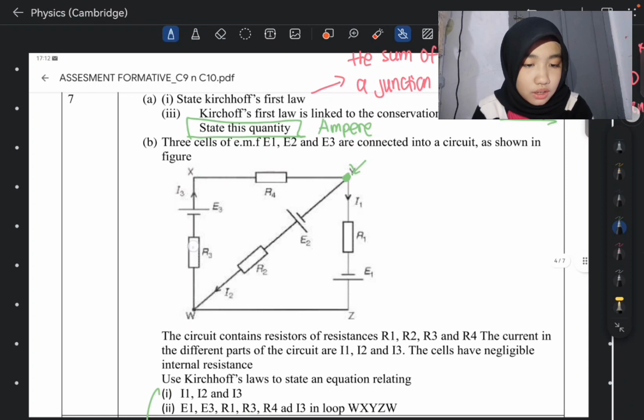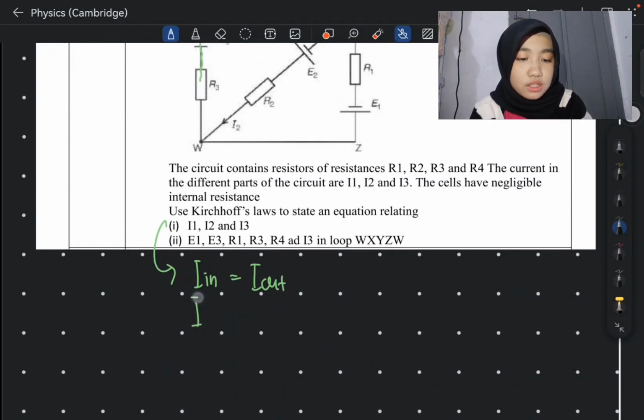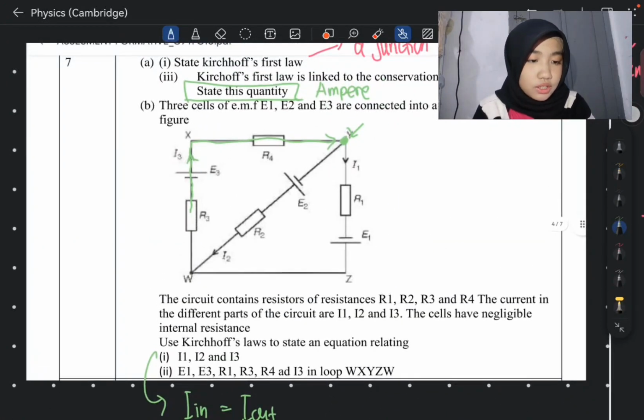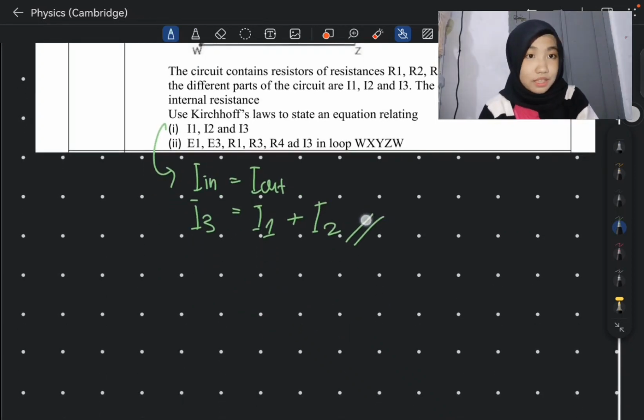If we look here, I3 will just go here. So the current that goes in is I3, which equals the current that comes out here and also here, so the current that comes out is I1 plus I2. There you go, the equation.